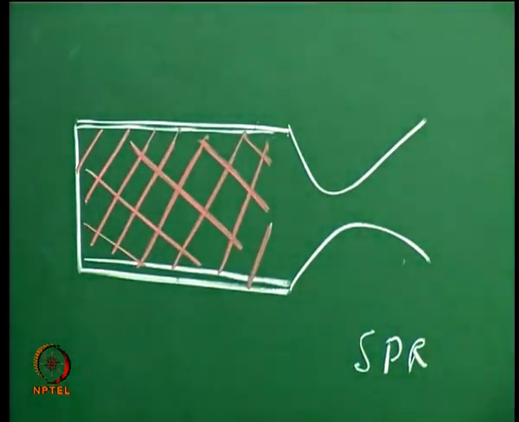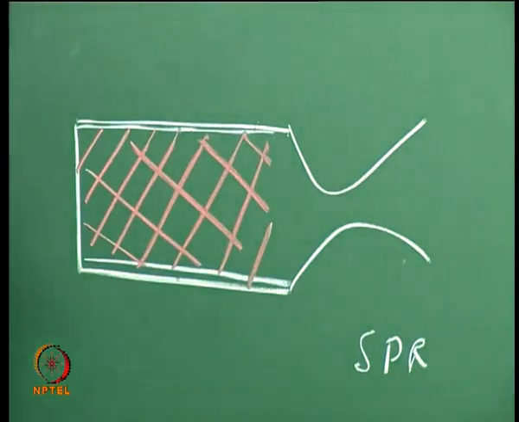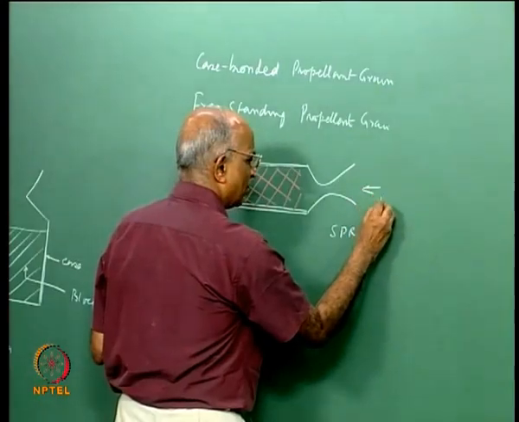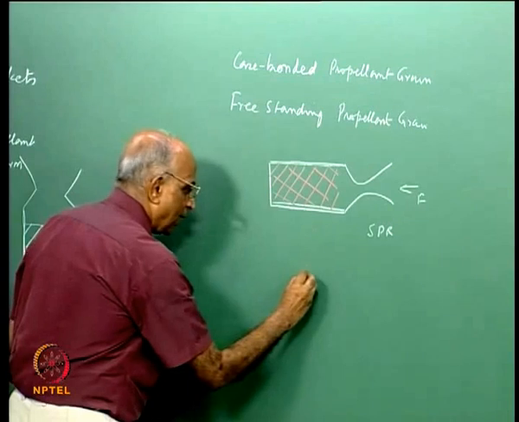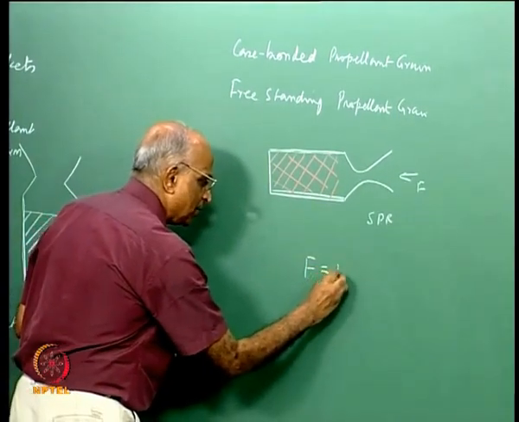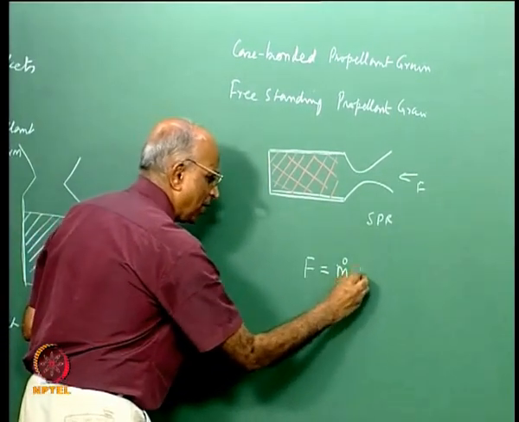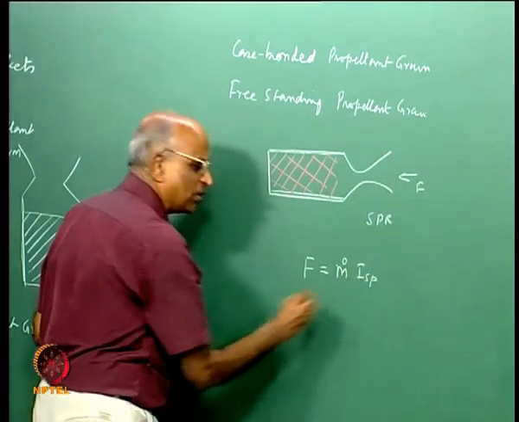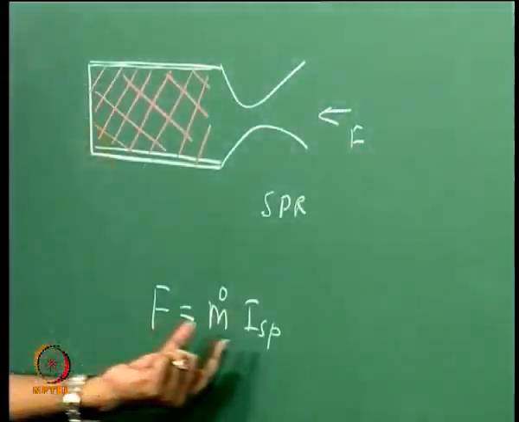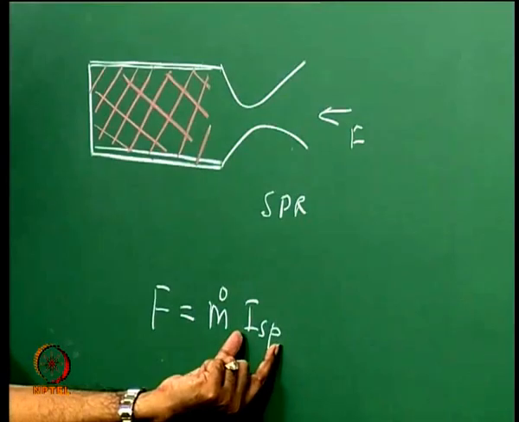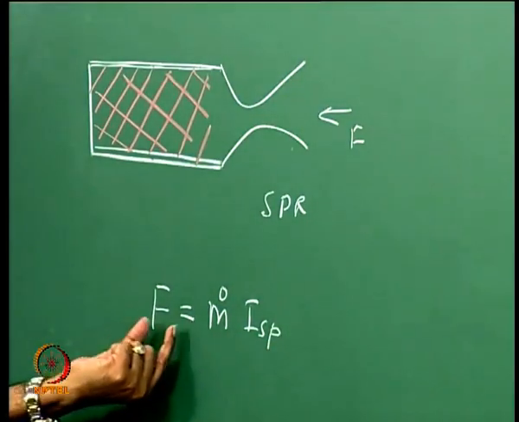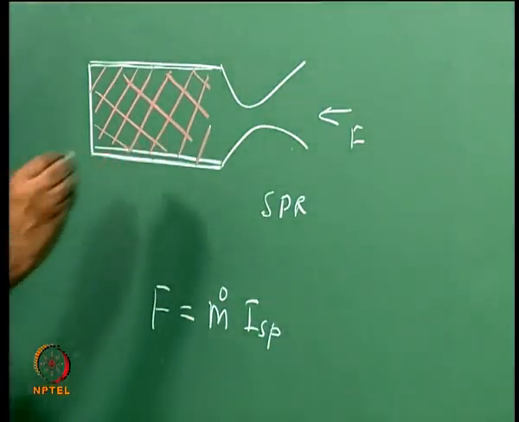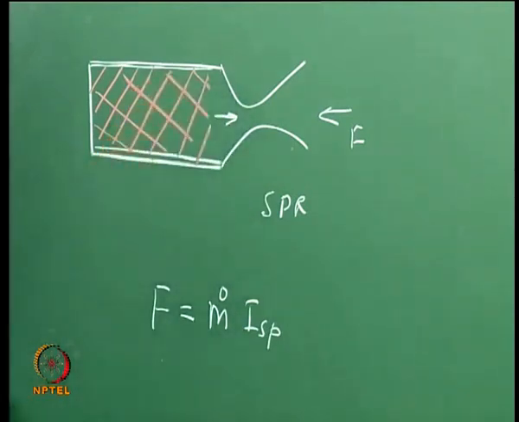But what is it we want a rocket to do? We want the rocket essentially to generate some thrust. In other words, the thrust of the rocket is equal to m dot into Vj, or m dot into the specific impulse. We learned how to calculate the specific impulse, and supposing I want to generate a large force, I want to generate more mass flow from the burning propellant.